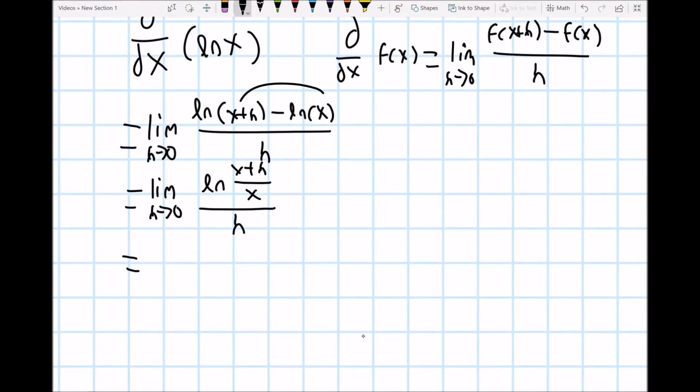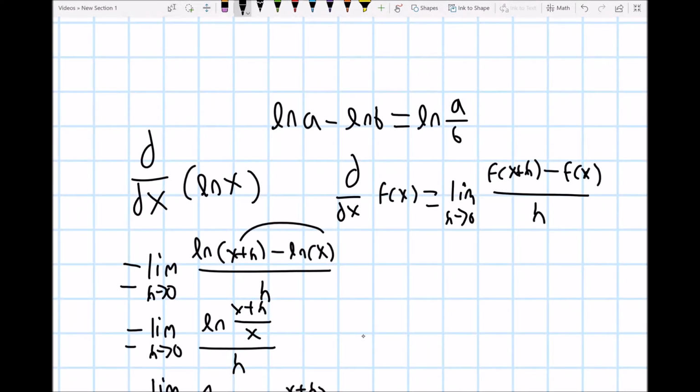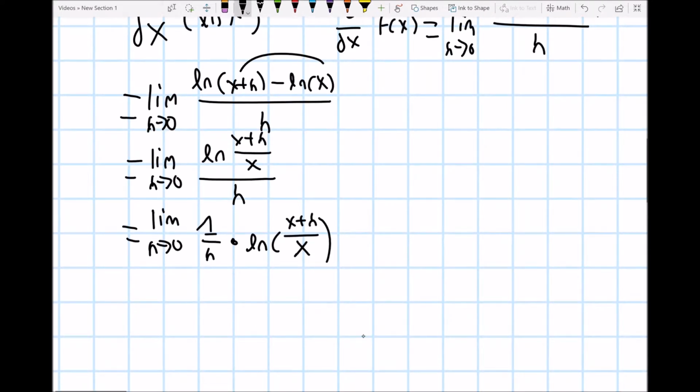Alright, and now the h can come out as the limit as h approaches 0 of 1 over h times the ln of x plus h over x. Now we can use another logarithmic property that says a times ln of b is equal to the ln of b to the a. So this is the limit as h approaches 0 of ln, and now the inside we can change a bit to make it easier to work with.